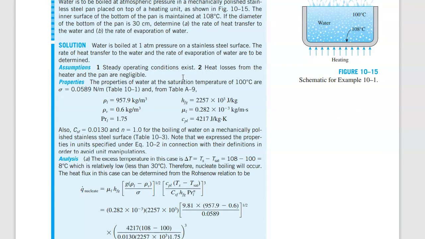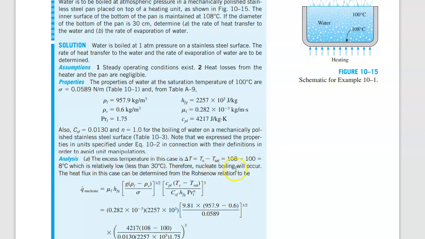When we see this, the first thing we should find is ΔT excess. We would like to know whether this is nucleate, film boiling, transition boiling, or what. So 108 minus 100, we got 8, which is less than 30.